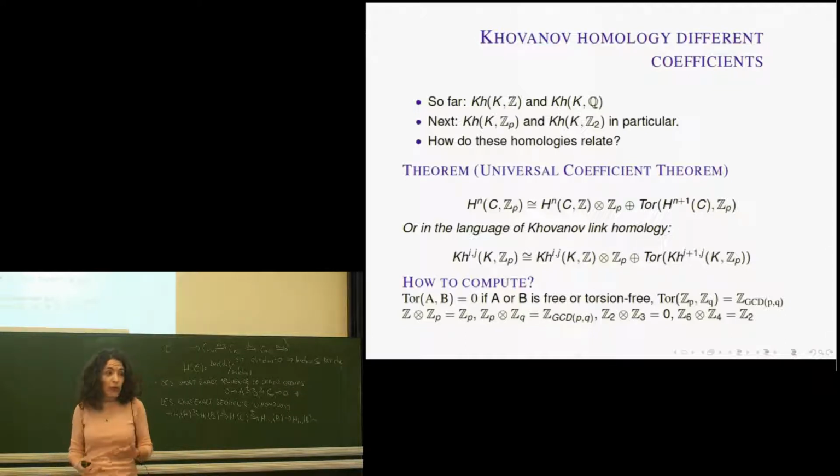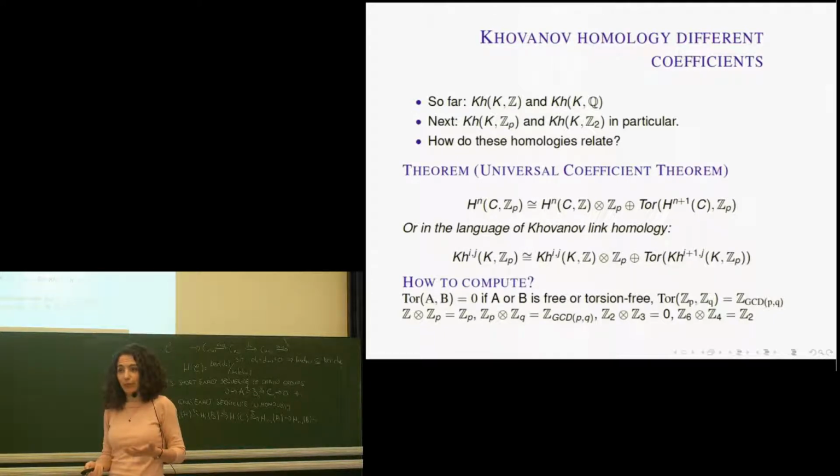You may wonder, well, why do you want to compute it? Because it looks from the right-hand side like it's anyway determined by the integral Khovanov homology, Khovanov homology computed over Z. Well, that's true, it is. So any homology computed over some Zp coefficients is determined by the integral homology, which is great if you know how to compute the integral homology.